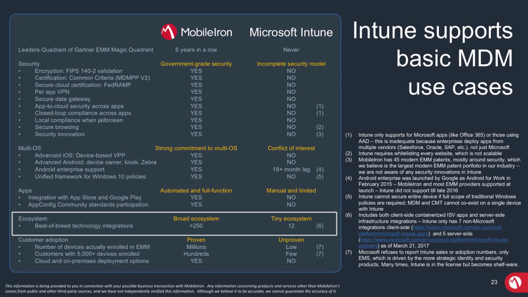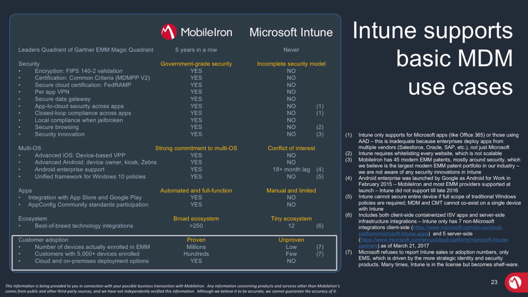So given all that, which is a technology assessment of the two products, and I absolutely encourage everyone who's watching this to go and test the products head to head, because that's the only way you're really going to be able to find what one product does versus another. But let's now step back from that and talk about what really matters, which is what are customers using? MobileIron is a proven technology. We have millions of devices enrolled in MobileIron. We have hundreds of customers that have deployed more than 5,000 devices in MobileIron.